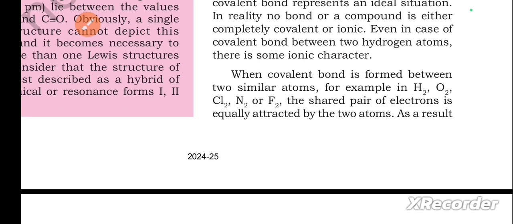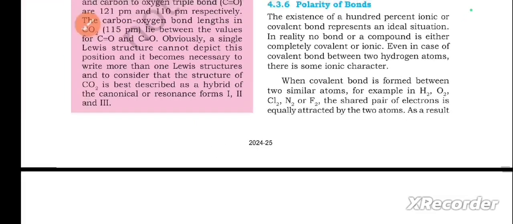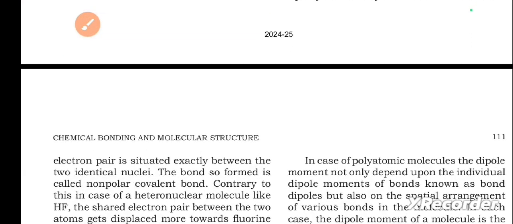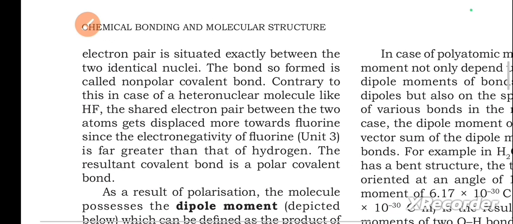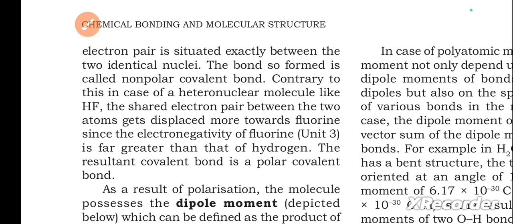When a covalent bond is formed between two similar atoms, for example in H2, O2, Cl2, N2 and F2, the shared pair of electrons is equally attracted by the two atoms. As a result, the electron pair is situated exactly between the two identical nuclei. The bond so formed is called a non-polar covalent bond.